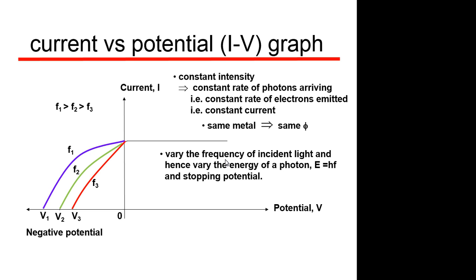That means if you change the frequency, but you very mindfully keep the rate of photons the same, then you can get this graph. Here, the stronger criteria is you keep the rate of photon arrival the same, then you can get this graph. Okay? Because keeping intensity the same while changing frequency, the number of photons must have changed. I'll go and think about that.